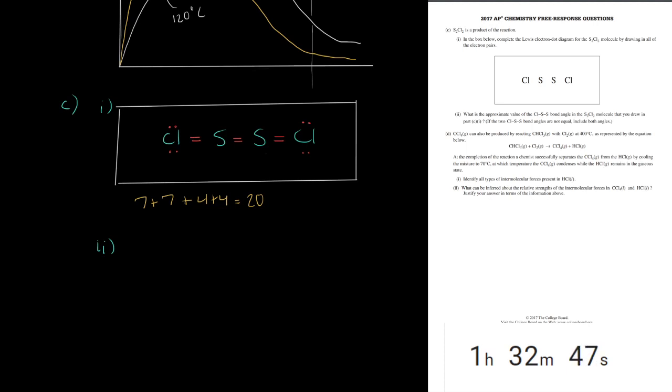In this diagram, I drew it as if it were linear because there are no lone pairs here to push them aside. So in that case, this would be a 180 degree bond angle.